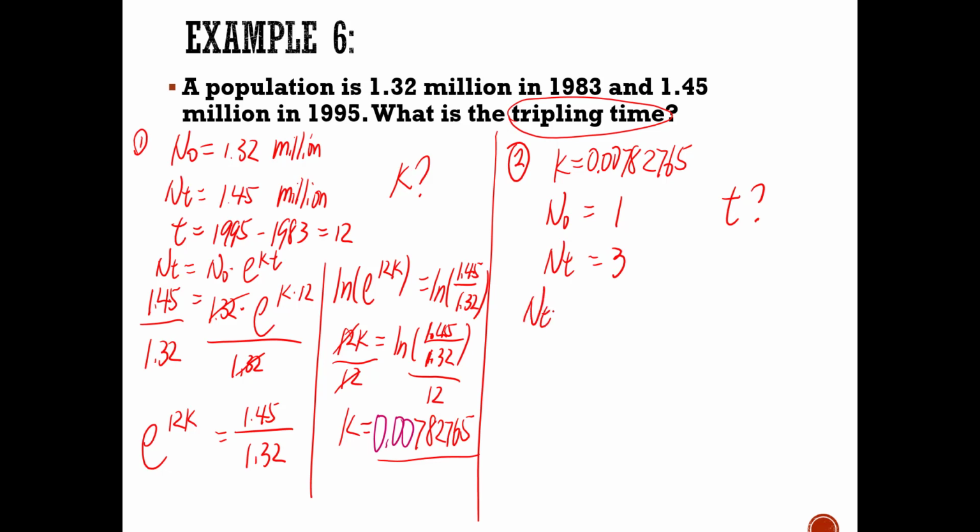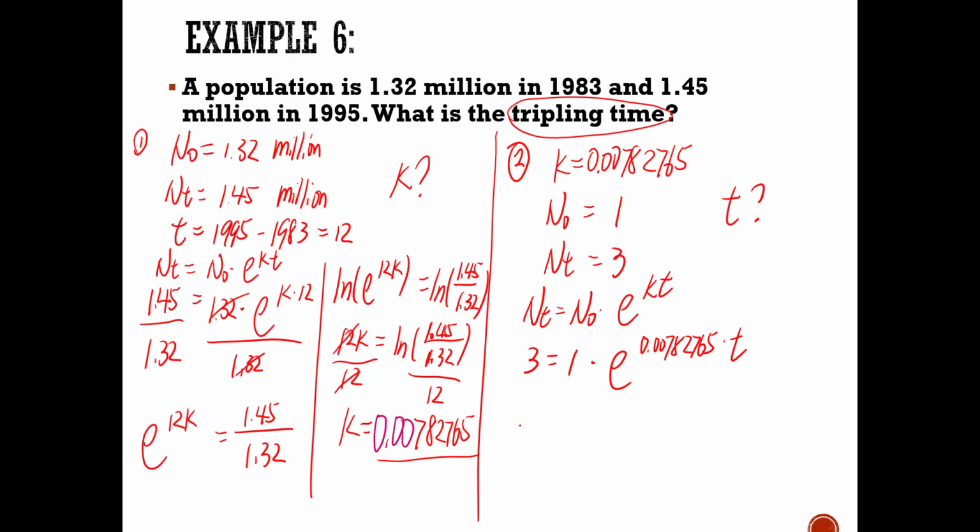So Nt equals N0 times e to the kt. Here we're solving for time t. Nt is 3 units, N0 is 1 unit times e to the k, which we know, 0.00782765 times time t. All right.